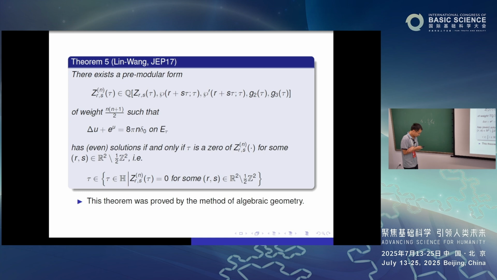So this is another description of the torus, or the tau, from the viewpoint of zeros of the pre-modular form, such that this equation has solutions. This theory is proved by the method of algebraic geometry.